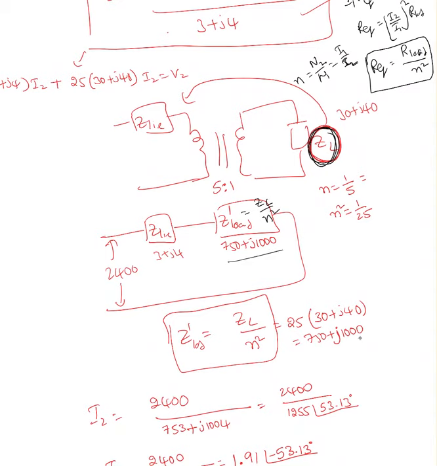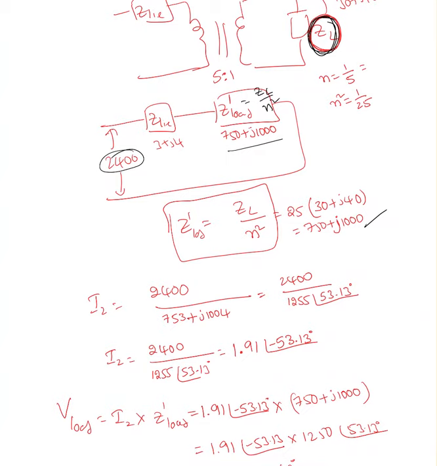Now I found I2. I have this 2400 based on the first transformer ratio, and here you have 480 volts. So based on this, I end up with 480 or 2400 volts. So I found the current I2.